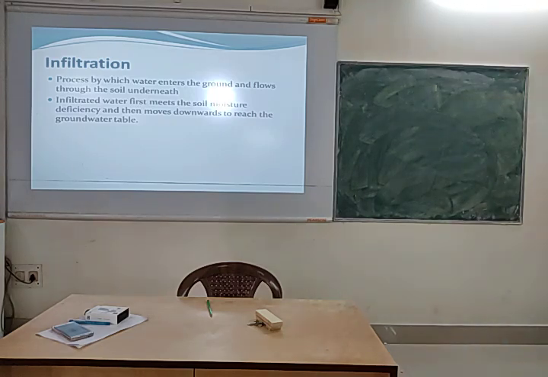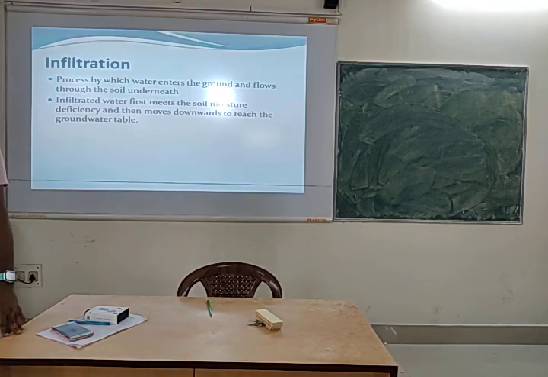It is going beneath the earth surface. Basically it is soaked or infiltrated. Where is that water going? It is going to meet the groundwater table, which is beneath our ground surface at a certain depth, right?